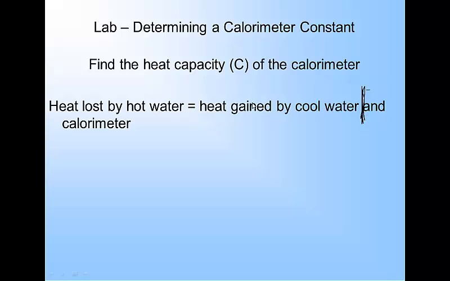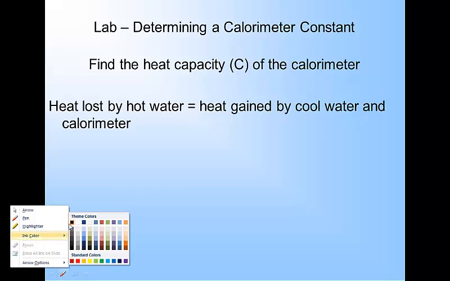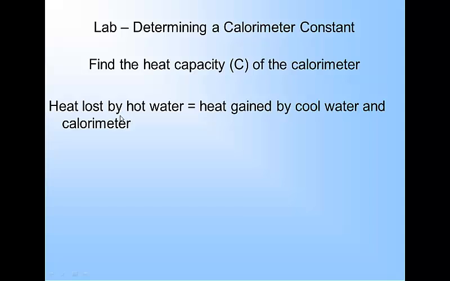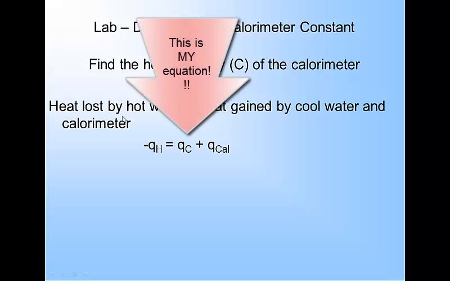We did a perfect transfer of energy from the hot to the cool, end of story. This year, we're doing the cold water and the calorimeter, because in reality, your styrofoam cup is going to absorb some energy. Now, Zumdahl likes to put the negative sign on the right, and I don't.